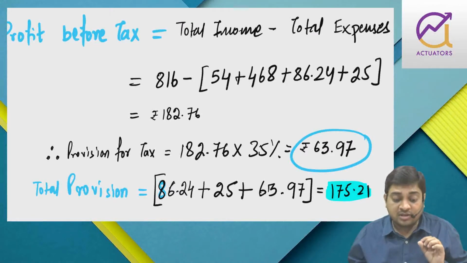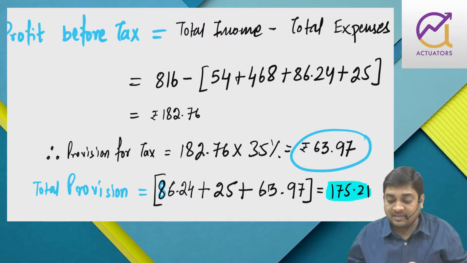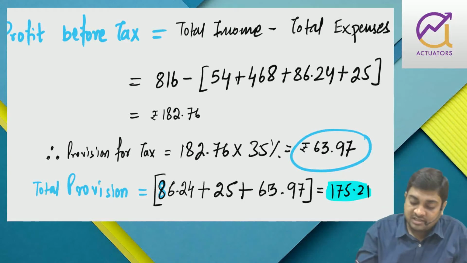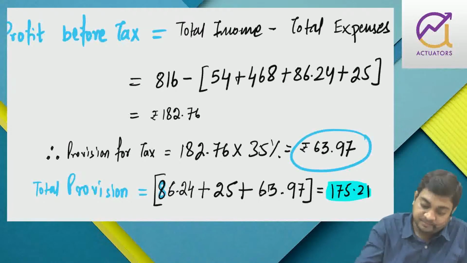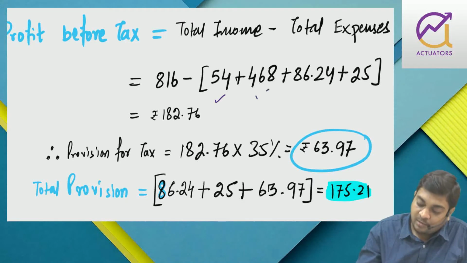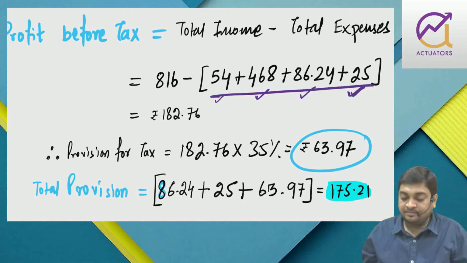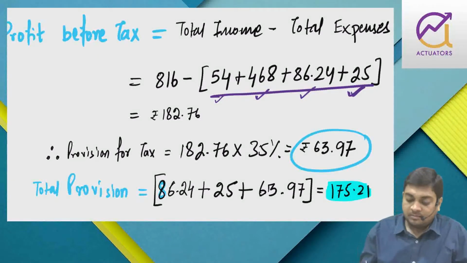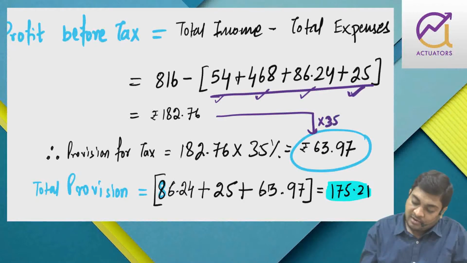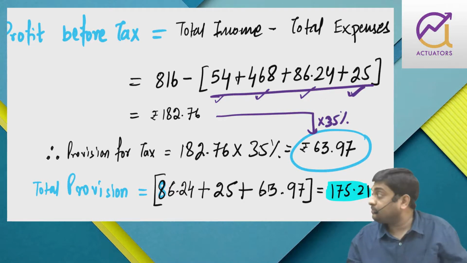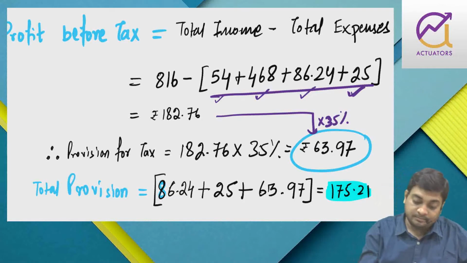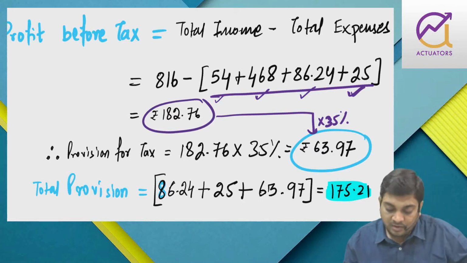Right? So provision for tax is total income minus total expenses. So this is interest expended. This is operating. This is provision for contingencies. This is the investment one. So all total expenses add up, and on this profit into 35%. Right?